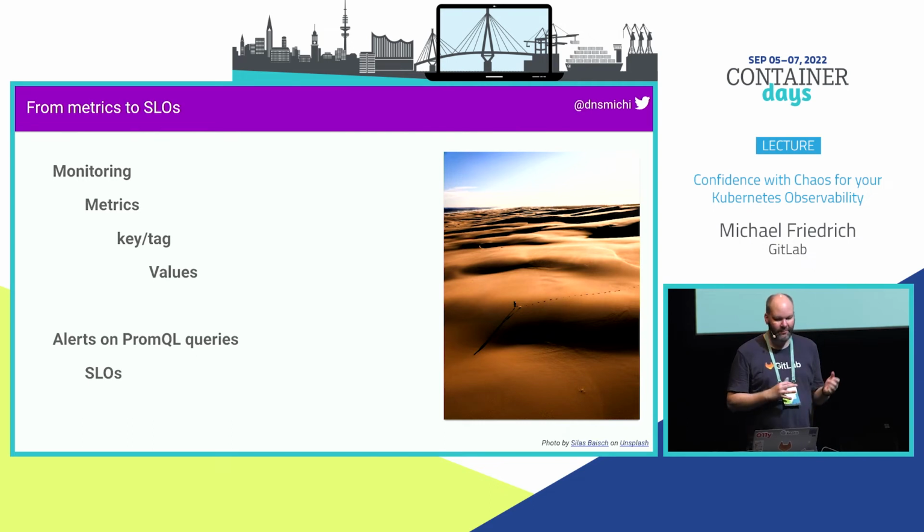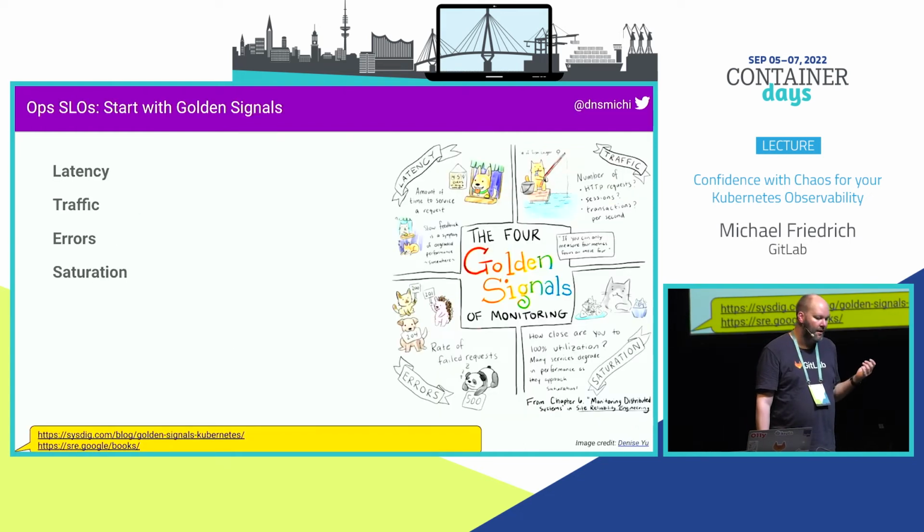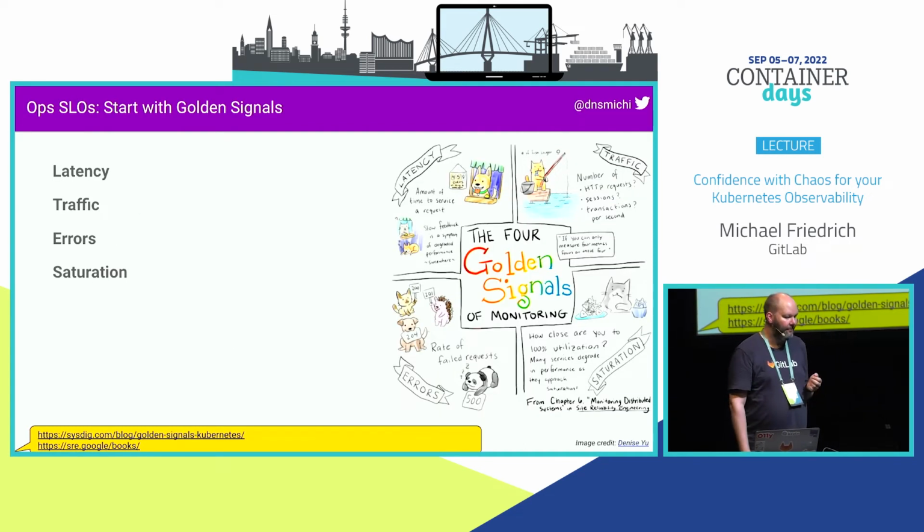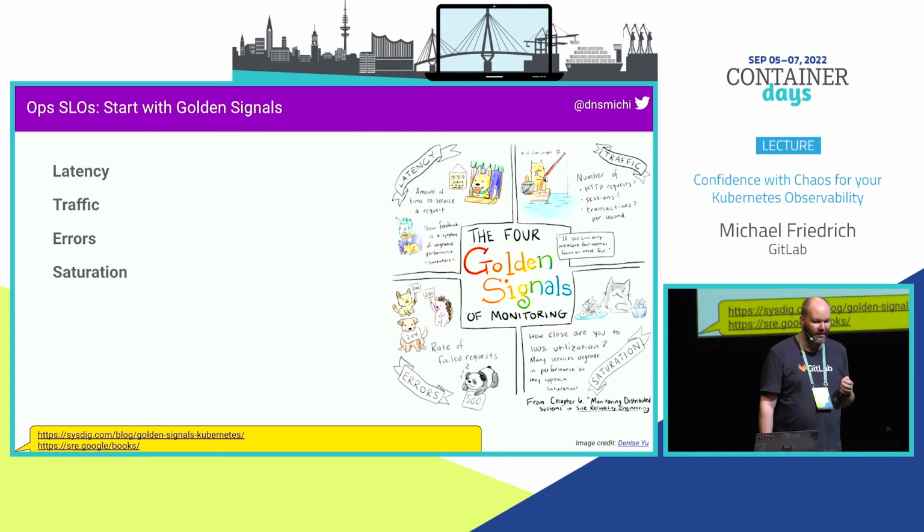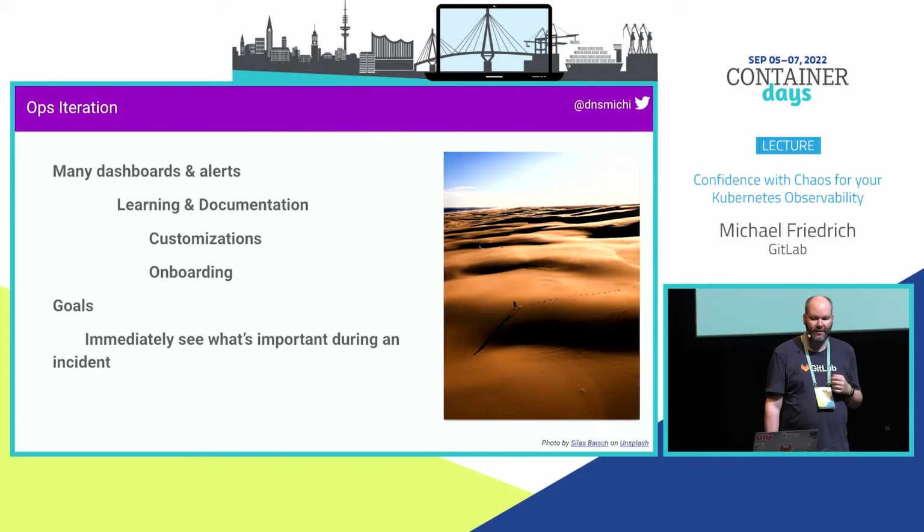To gain confidence and really look into things, there are many ideas, points already available. We have metrics, we have the values, we can create PromQL queries for alerts and service level objectives. For ops, it's still valuable to look at the golden signals defined by the Google SREs, like latency, traffic, error, saturation, to get an immediate insight whether the deployment or the current cluster is healthy.